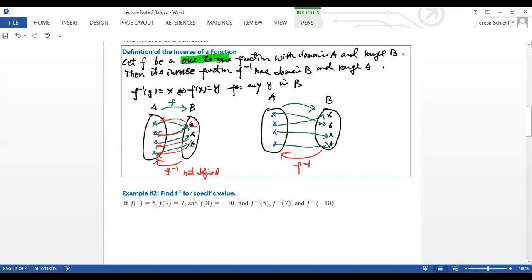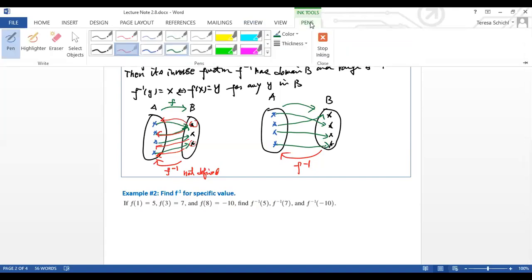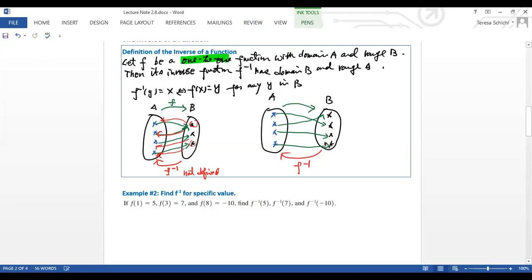So the green function is a function. Now I take a look at the inverse to see whether the inverse exists or not. The inverse says this one goes back here, this one goes back here, this one goes back here, this one goes back here, right? So the inverse is also a function, because this is one-to-one.